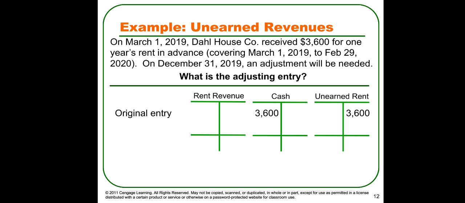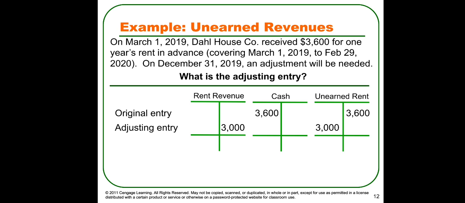The building has been used by the party that rented it for 10 months. So 10 months times $300 per month, the total revenue is $3,000. So on 31st of December 2019, you have to record the $3,000 as revenue.